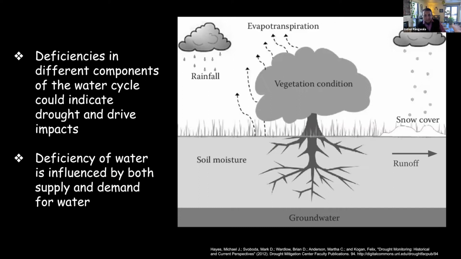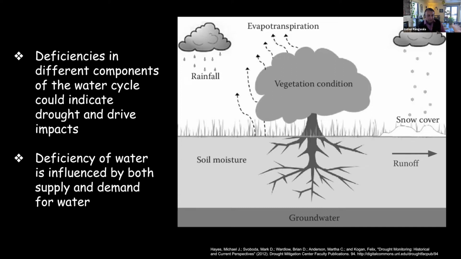Also, I want to emphasize that as we think about drought, it's important to think about the whole water cycle. Water is present in the atmosphere, in the soils, in the plants, in streams, in groundwater, in different layers of the land. The point about drought and drought impact is that deficiencies in these different components of the water cycle could indicate drought and drive drought-related impacts.